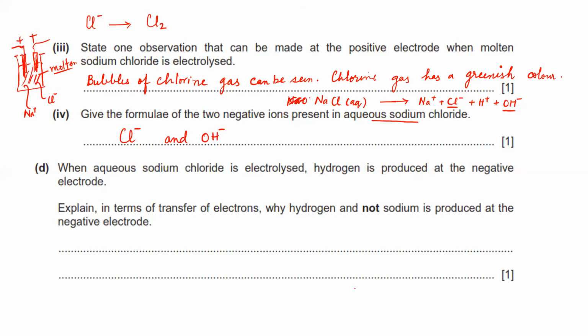Okay, then part B, it says when aqueous sodium chloride is electrolyzed, hydrogen is produced at the negative electrode. Explain in terms of transfer of electrons why hydrogen, not sodium, is produced at the negative electrode. So in terms of electron transfer, why hydrogen, not sodium, is produced at the negative electrode.